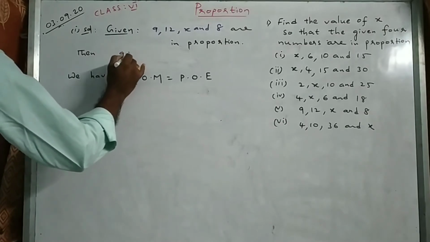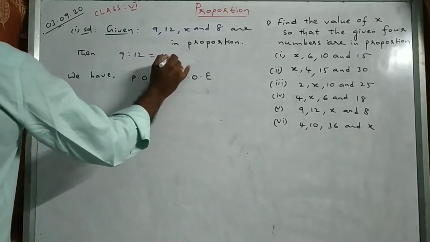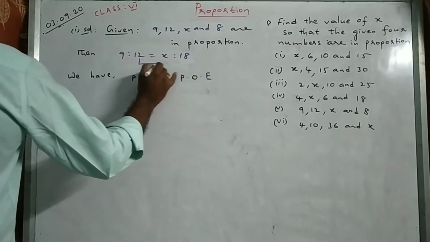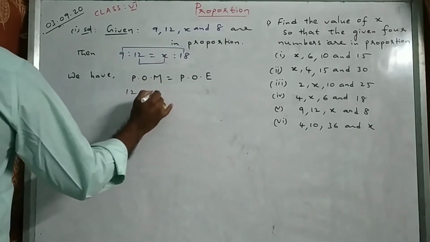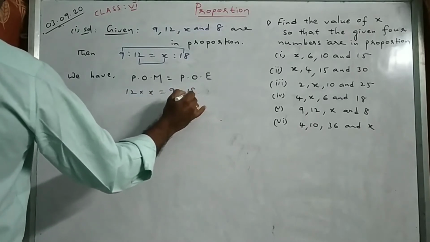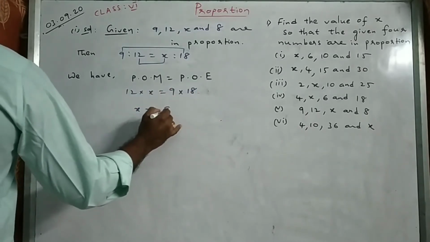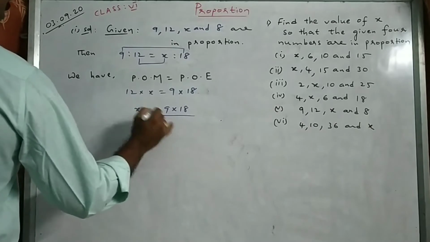That means 9 is to 12 equal to x is to 8. Product of means equal to product of extremes. So 12 into x equal to 9 into 8. So x equal to 9 into 8 upon 12.